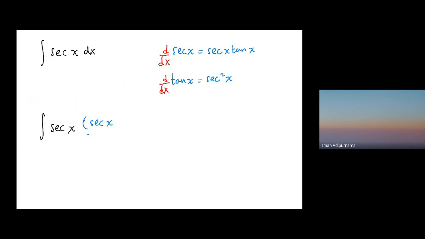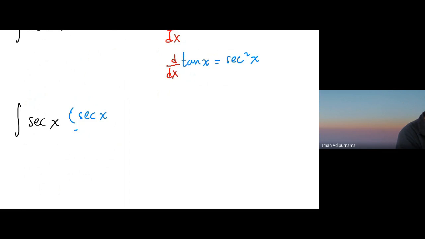So let's change the form: multiply the secant x by secant x plus tangent x, and also put secant x plus tangent x at the bottom. Why? Because if we multiply with the secant x, we get secant squared x, which we have a chance to integrate. And when we have secant x tangent x, we also have a chance to integrate it to become secant x. So let us try doing that.